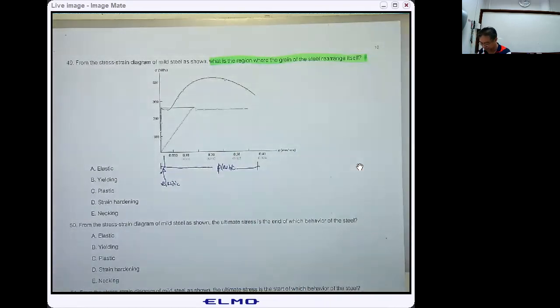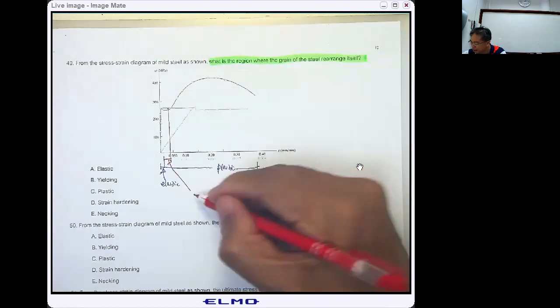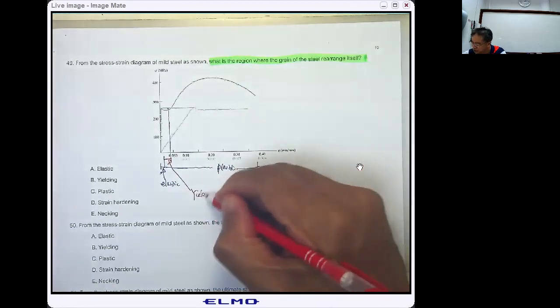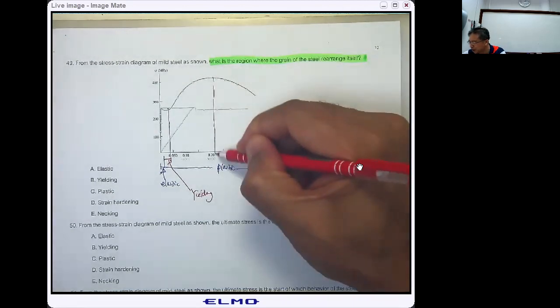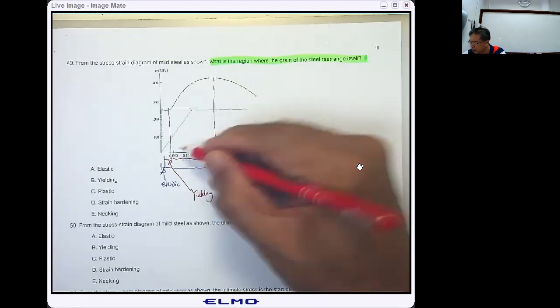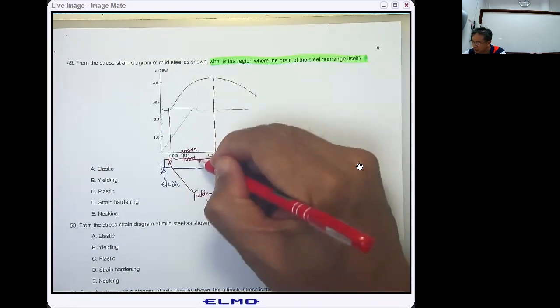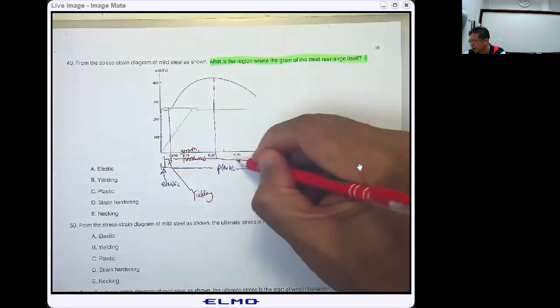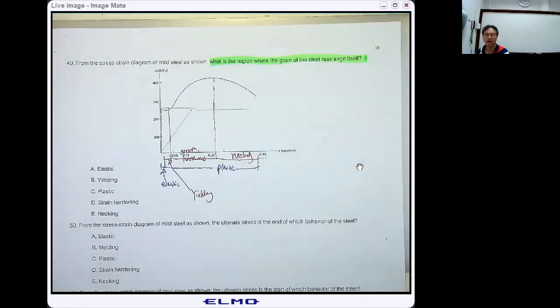And then this plastic is also classified into this one as the yielding, and this one called the strain hardening. And the last one that shows the neck, they call the necking.